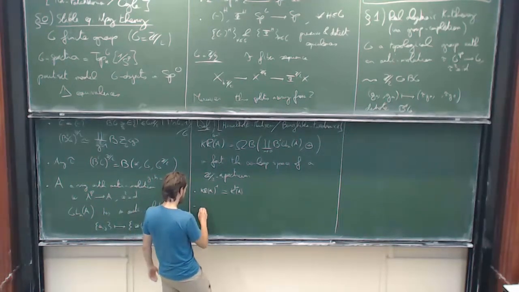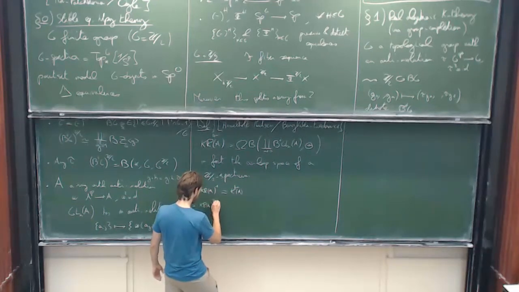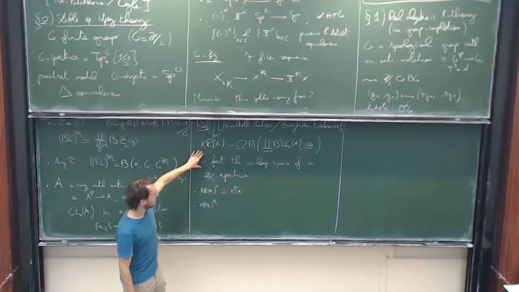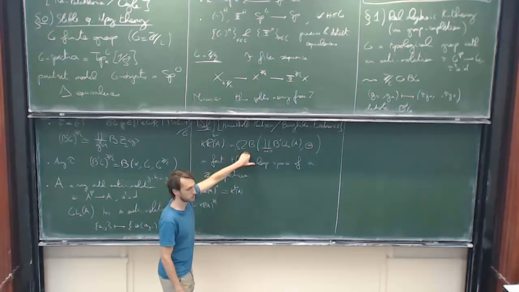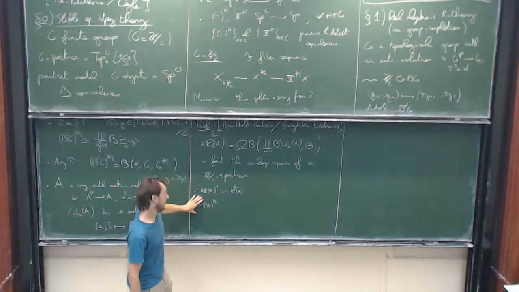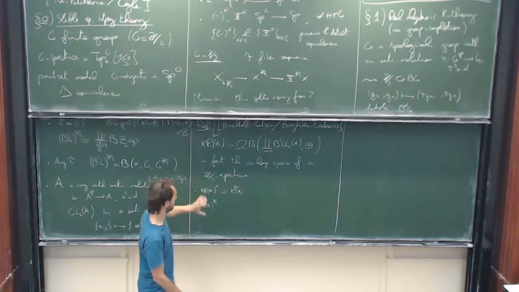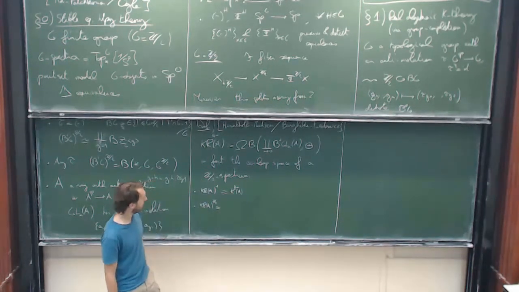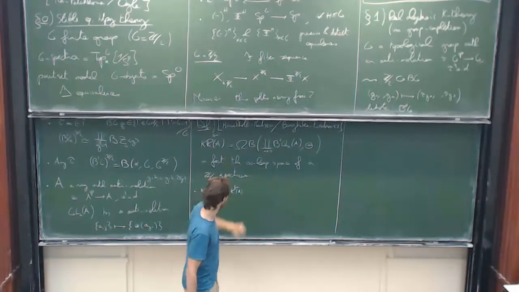More interesting is what happens when you take the fixed point spectrum. And let me do this at the space level. This infinite loop space already has the homotopy type of the infinite loop space equivariantly, so the fixed point spectrum, at least the infinite loop space, has the homotopy type of the fixed points of this space. So let me just work this out at the space level. What happens if you take fixed points? Fixed points commute with loops, with the bar construction, and with this disjoint union.